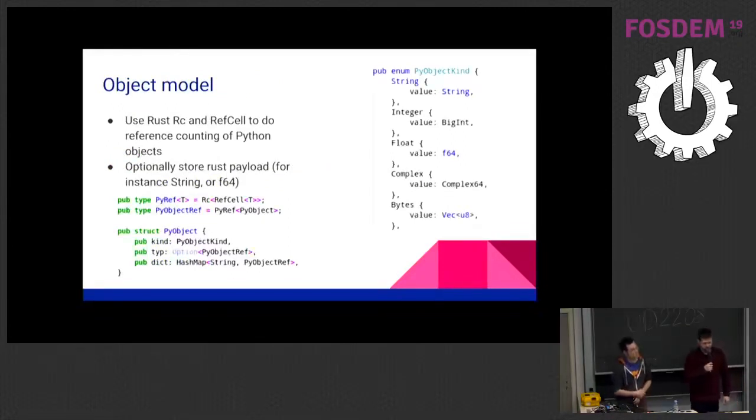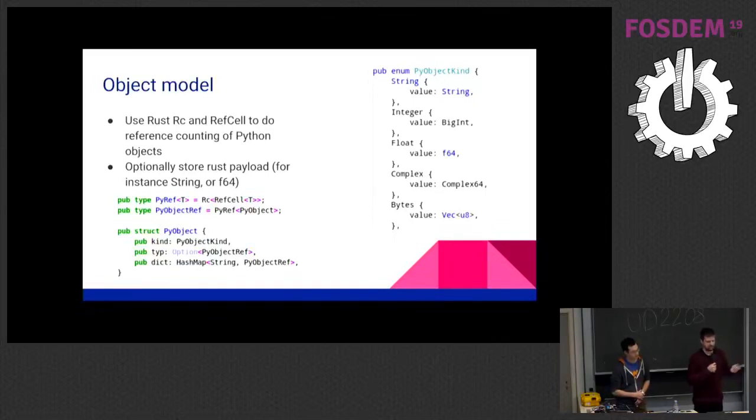One interesting thing of Rust is that we have RC and RefCell, and we benefited from that because in CPython there's reference counting, but Rust RC is actually a reference counting struct. So what we did is we defined a type PyObjectRef, which is a reference count to the actual object.